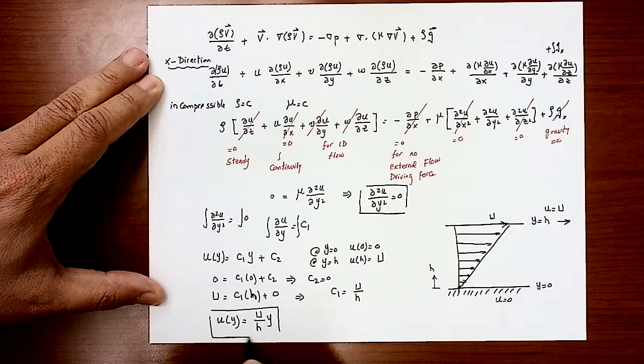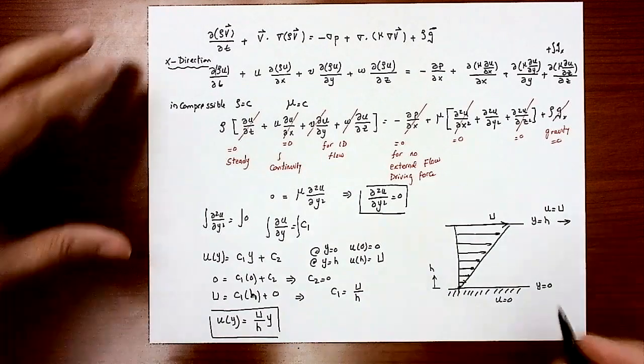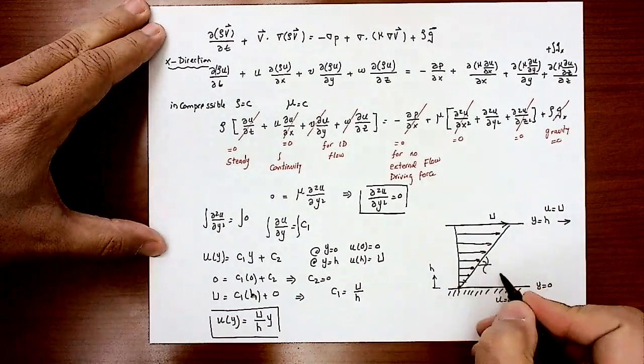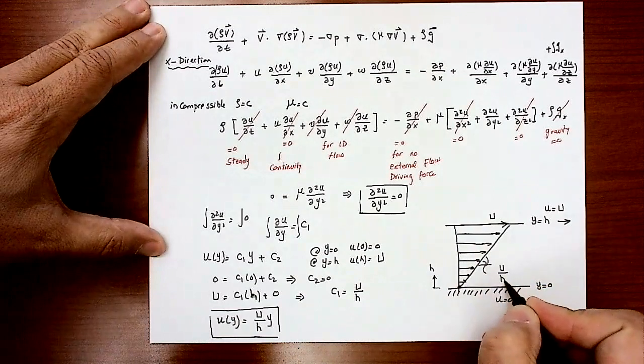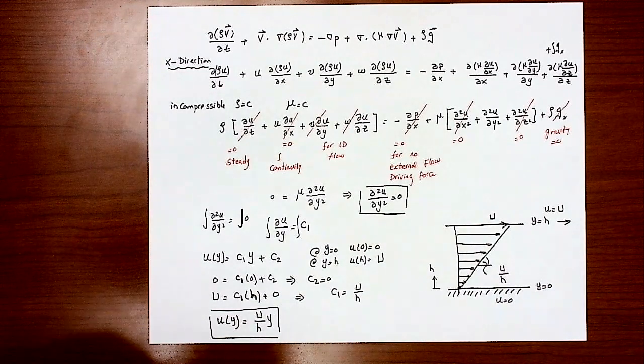And this is a very well-known equation for the velocity distribution of Couette flow. Velocity changes linearly with the position Y, and the slope of that line is simply U over h. That's the slope of this. That's the conclusion here for the Couette flow analytical solution. And why do we need that?